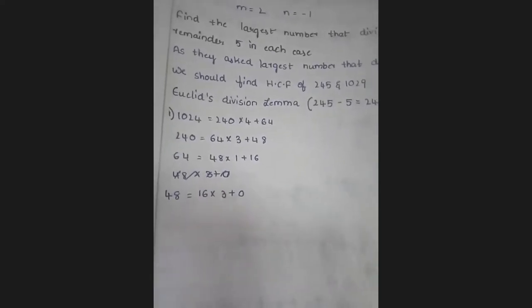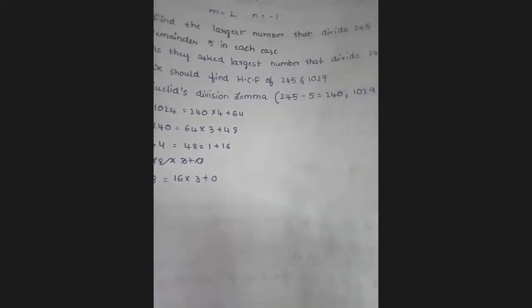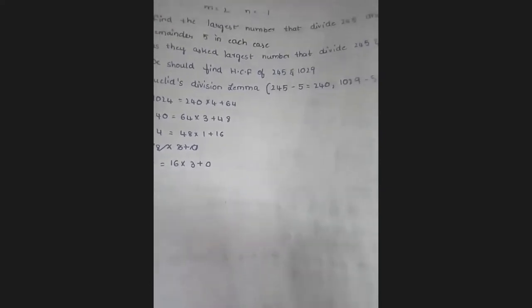Yeah, that's clear. Like we have been given remainder 5, sir. First, we should remove that 5 from 245 and 1029, sir. So that we will get 240 and 1024.